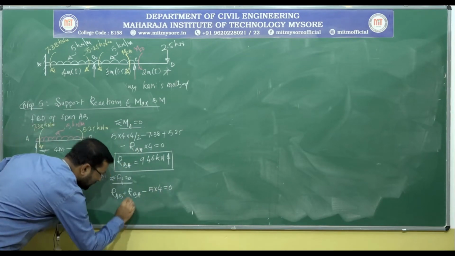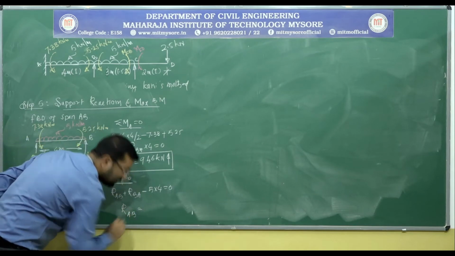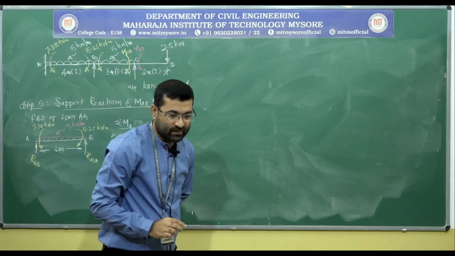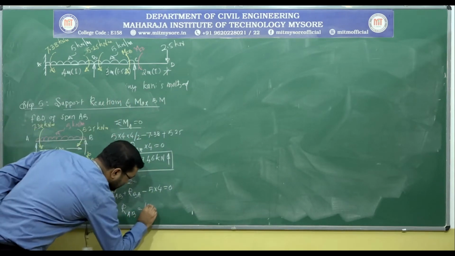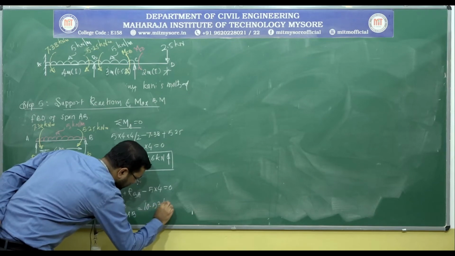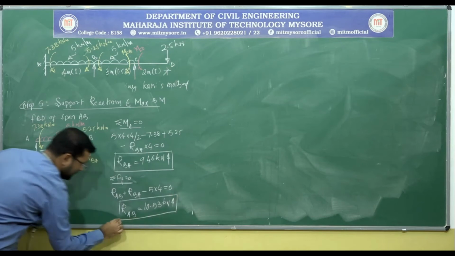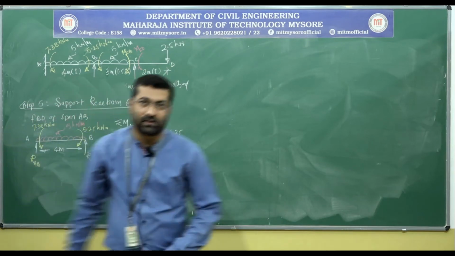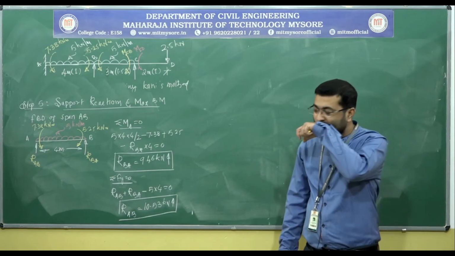So here, if I substitute the value of RBA, I will get RAB as 10.53 kilonewtons acting vertically upwards. So these are the support reactions at A and B, correct?